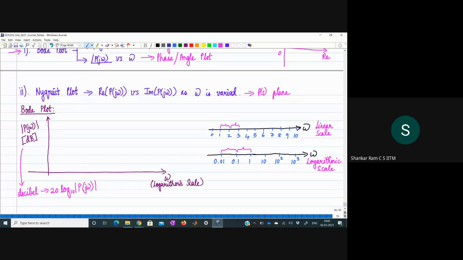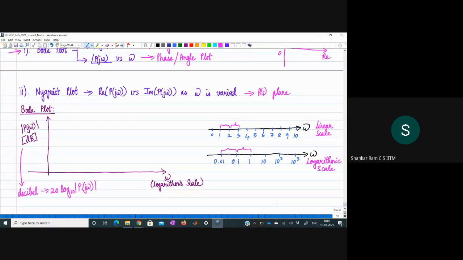If I divide 0.1 by 0.01, I will get 10. If I divide 1 by 0.1, I will get 10 once again. So the ratio of two successive markers will be the same in a logarithmic scale. That's the fundamental difference between a linear scale and a logarithmic scale.